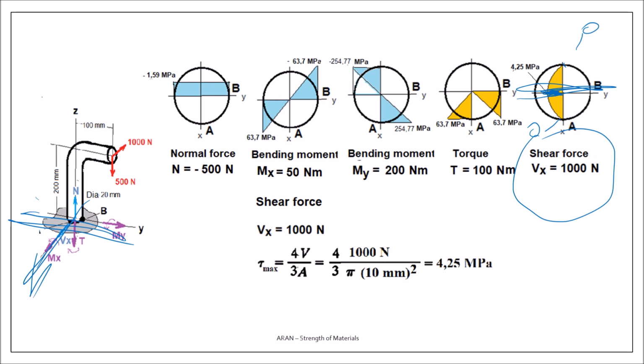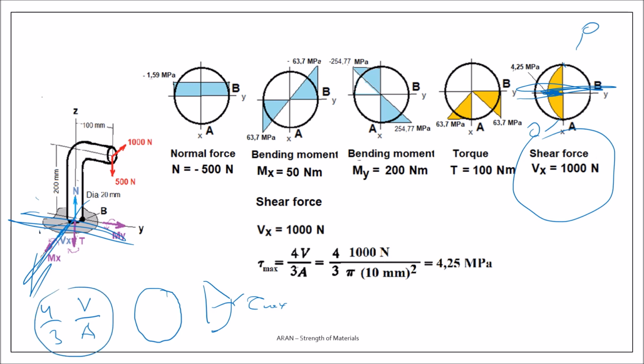And you see, I have to calculate, when you have a circular section, when you calculate V over A as the average tau, you can find the maximum, tau max, as 4 over 3 of it. So this is the maximum tau.